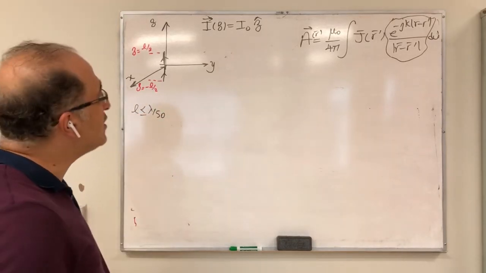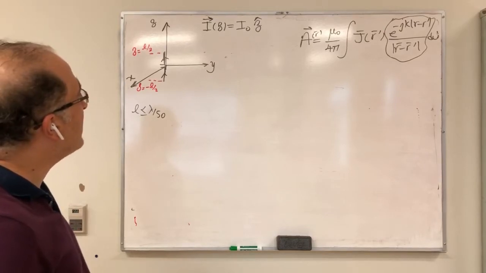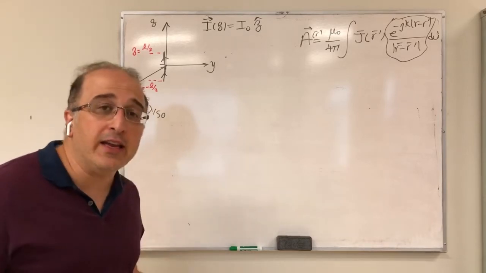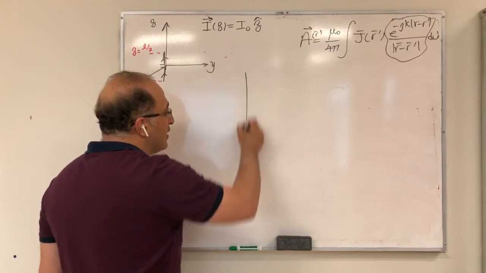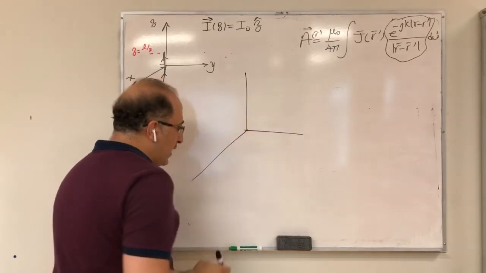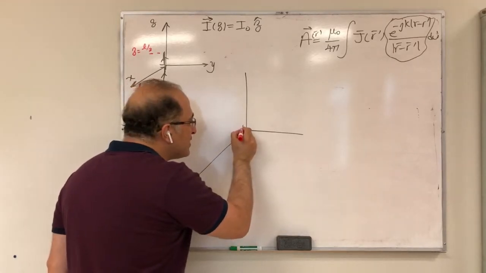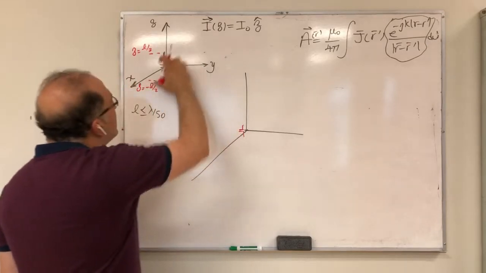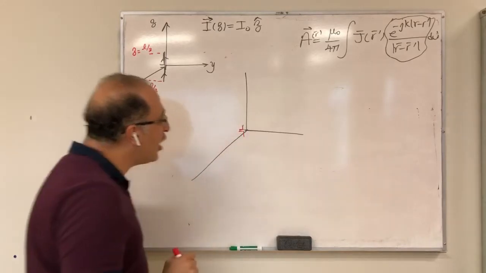When the length is so tiny, your R prime is so tiny compared to R. Let's review our R prime again. This is my antenna here, and I'm going to show the antenna as very tiny because this is really what's going on here. This presentation is just for clarity. This is my antenna, very tiny.